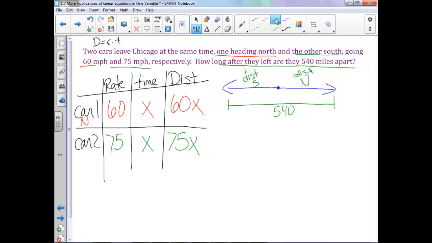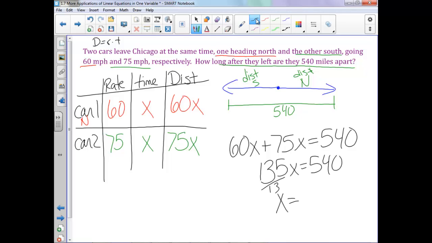So it's when together they're 540 miles apart, which means the distance the first car went plus the distance the second car went is our total distance. So remember, it's how long after they left, that's our x, so 4 hours.